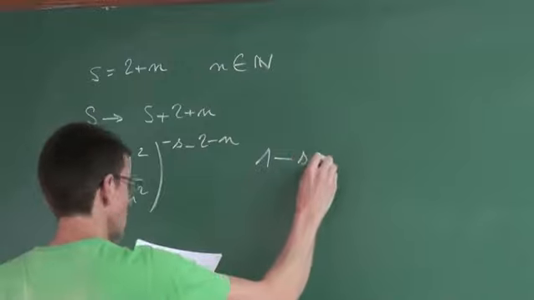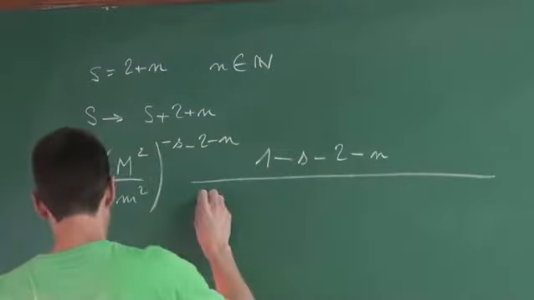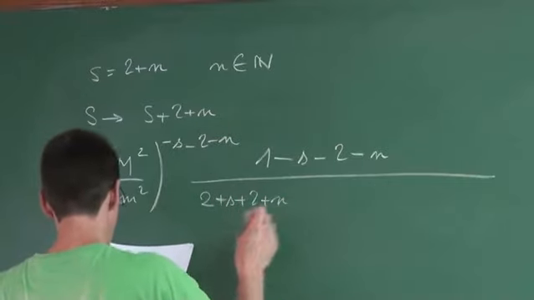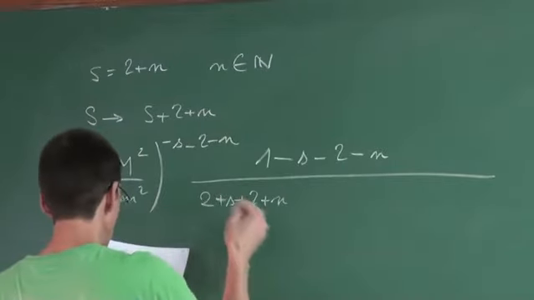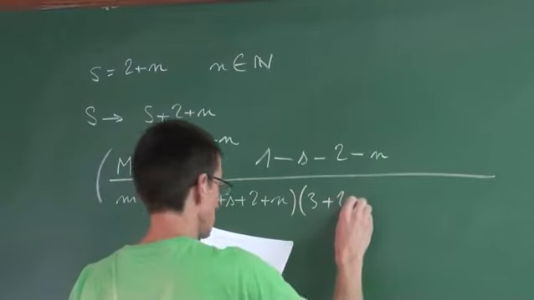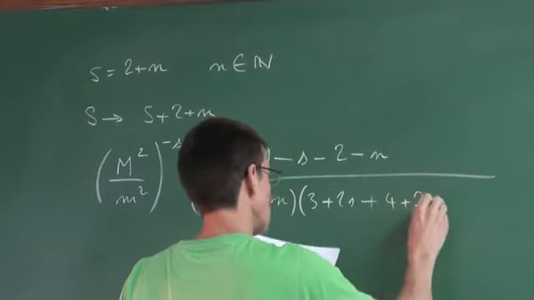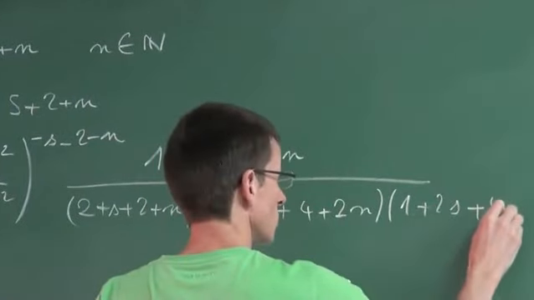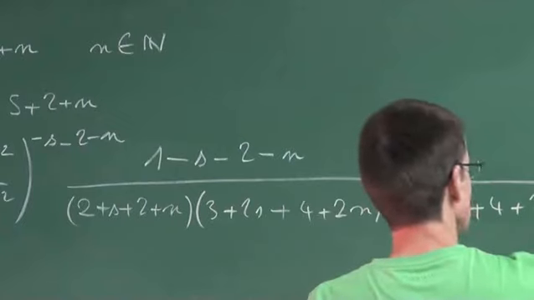One minus s minus 2 minus n divided by 2 plus s plus 2 plus n. I will simplify after. 3 plus 2 plus 4 plus 2n. 1 plus 2s plus 4 plus 2n, and square.